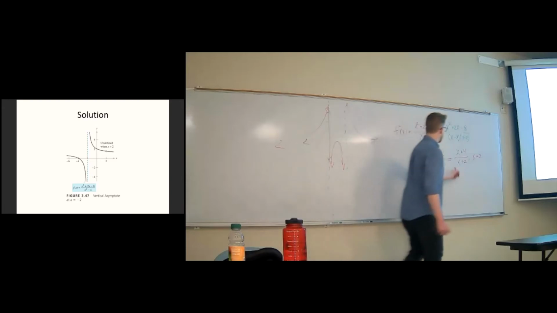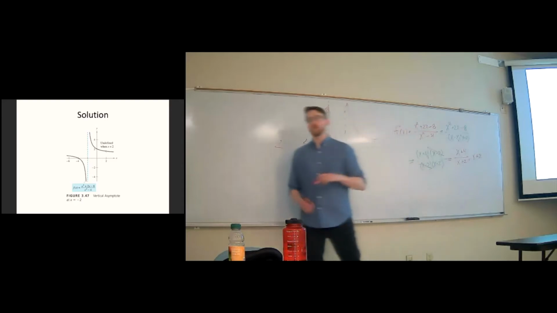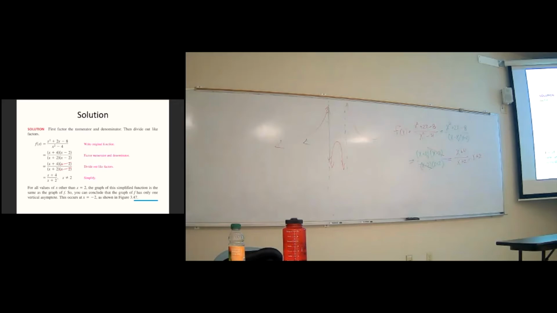And this thing has a discontinuity at x equals -2. That's what this asymptote is. And just comparing solutions, lo and behold, they point out the same thing.